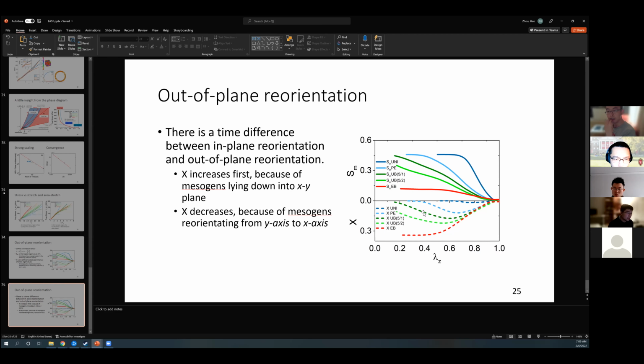And then finally, at the end, you would see a decrease. Basically, y and z directions are becoming the same because they are all orienting into the x direction, so that the y and z are diminishing together.